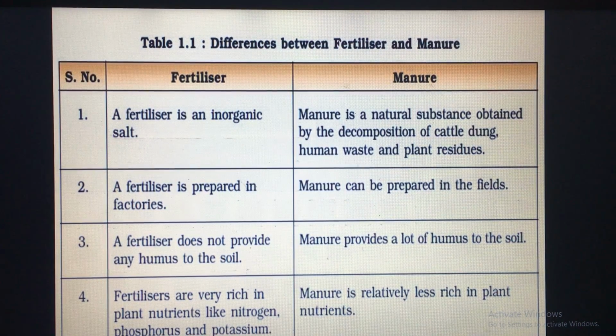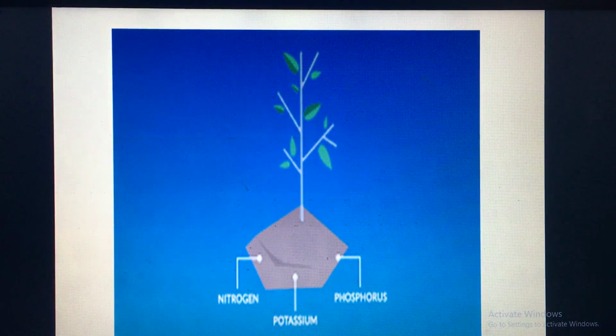The commonly used fertilizers are NPK. N means nitrogen, P means phosphorus and K means potassium. These are the major nutrients for plant growth. What are they? Nitrogen, phosphorus and potassium.